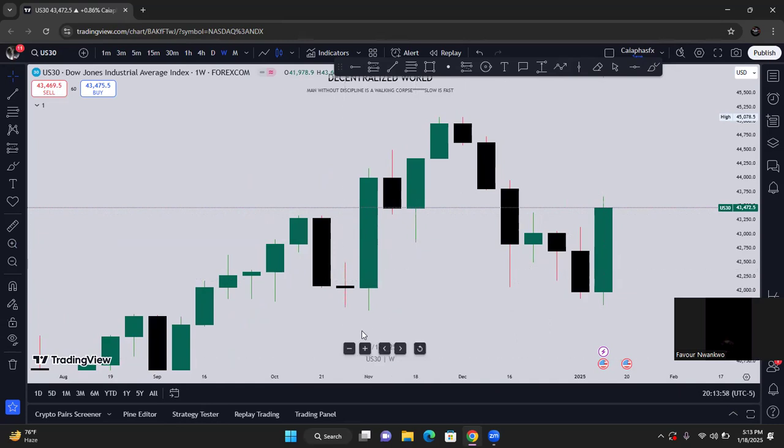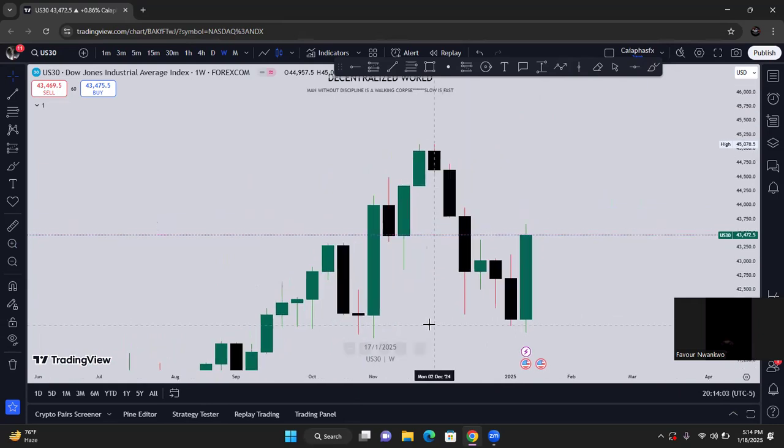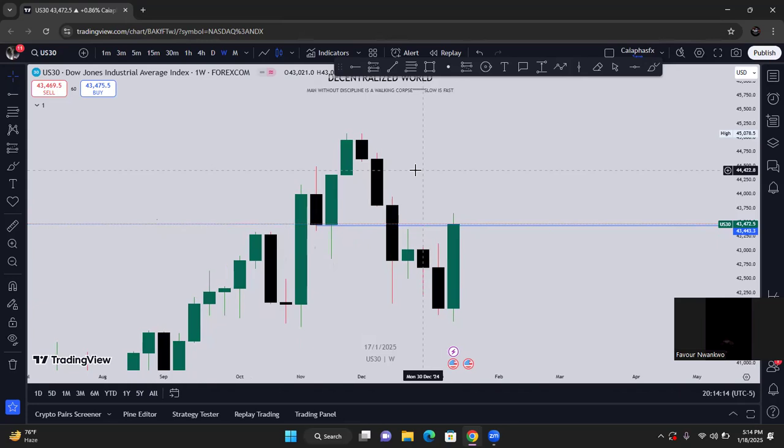First of all, when I came, I just looked at the market. Number one, this is a breaker block. Since this is a weekly time frame, I knew that the market has the tendency to trade back to that breaker block, and it will have a huge impact on the market.